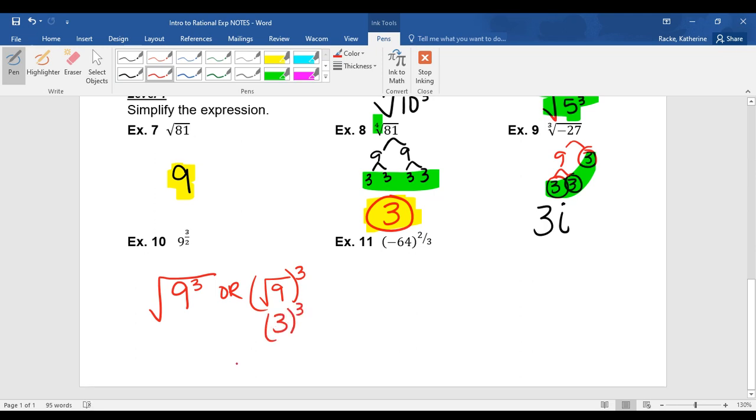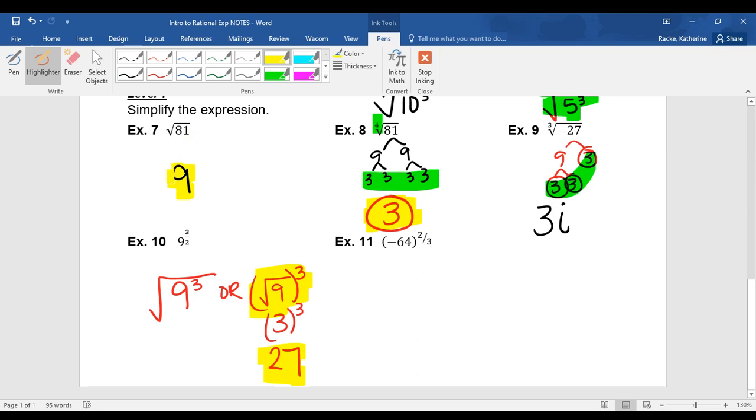Cubed would be 27. And that is how you get that answer. That's why it's a little easier to write it this way. You would have to do the square root part first. So the square root of 9 is 3. And then you have to cube that to give you your final answer of 27.